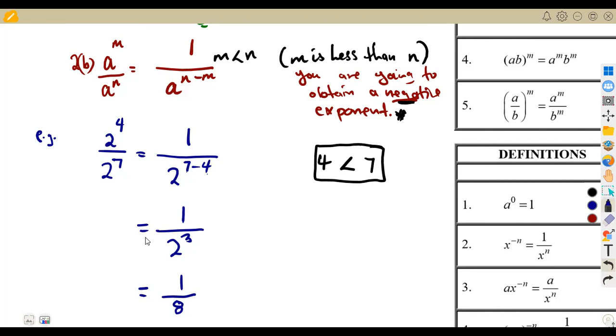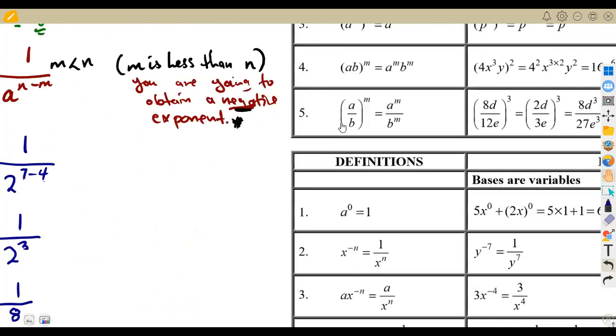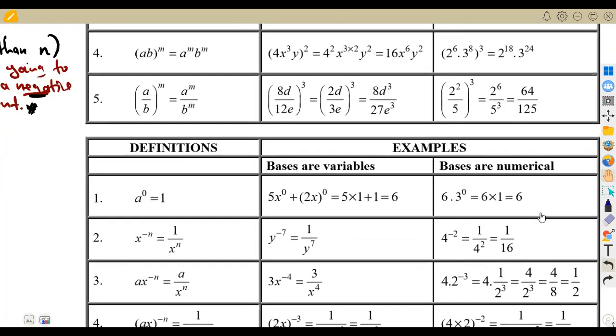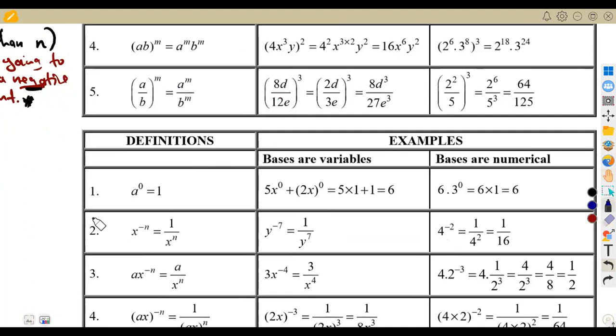So let's say I do not want to use this law. I don't want to consider this to say I'm going to interchange. We can have the same answer, guys, that we see here, but now we have to consider this part. We shall talk about it later on here on our definitions of x to the exponent of negative n.